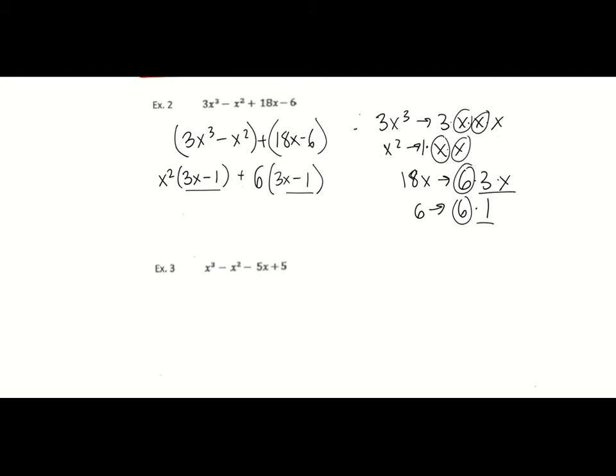If I take 3x minus 1 as my greatest factor and pull it out front, that leaves me with x squared plus 6 as my other term. And I'm just taking what's left in front of each of those factors. And that is my answer.